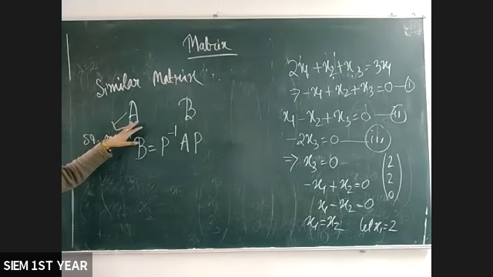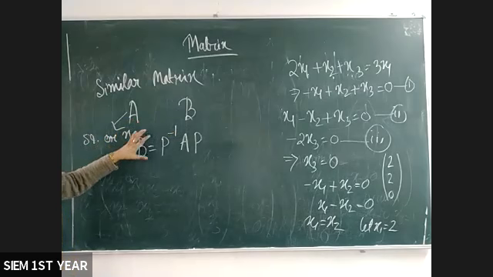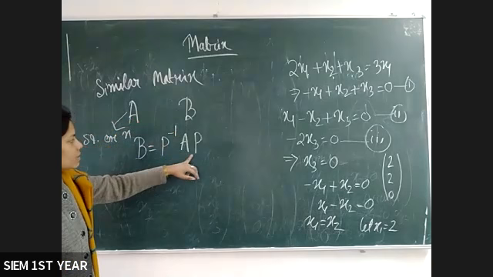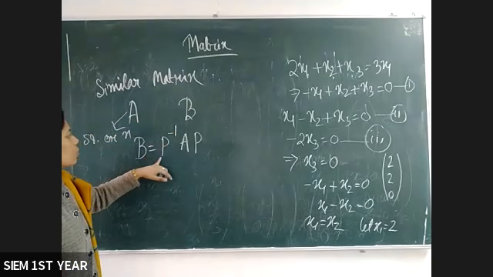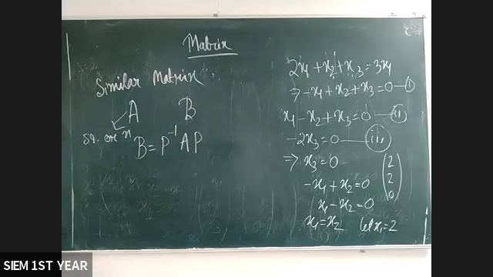Then we call this matrix similar to this matrix if we get one non-null matrix P such that B is equal to P inverse A P. Then we will call this a similar matrix. I think it is clear to you.